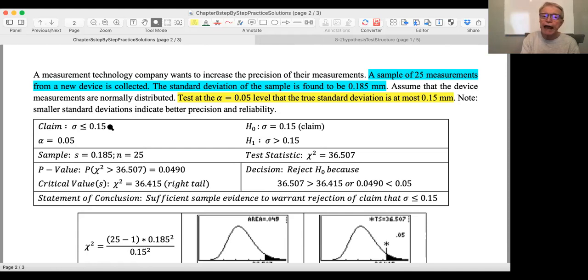Now note that it has an equal part. It's less than or equal. And now we have the H0, same parameter, same value, and always equal. And since the claim has an equals part, then H0 is the claim.